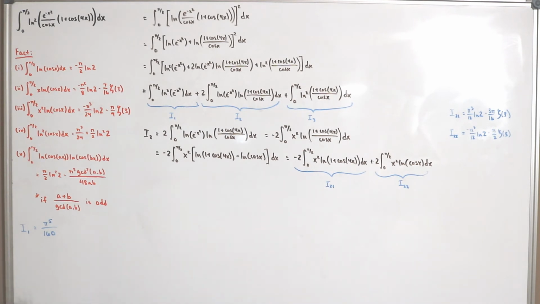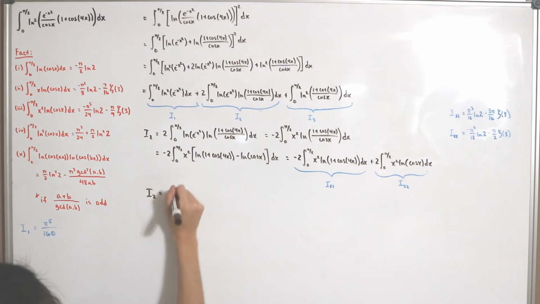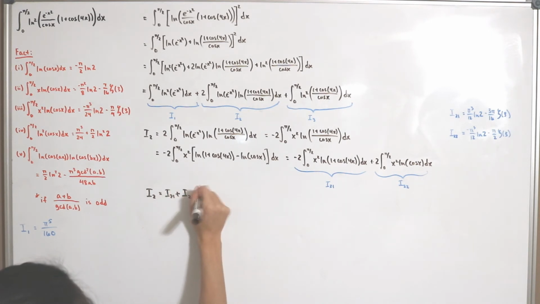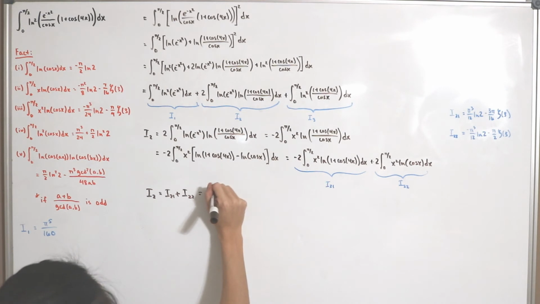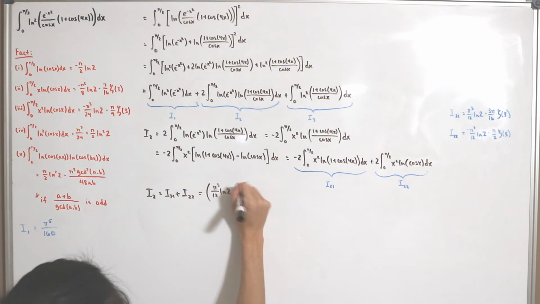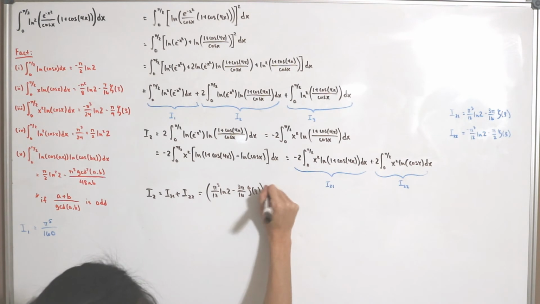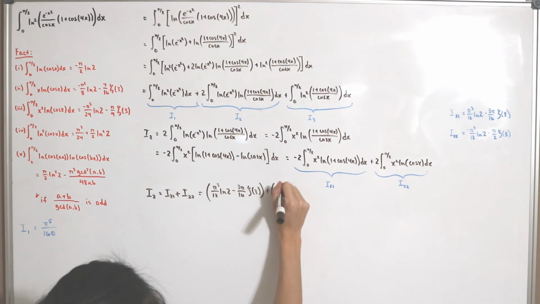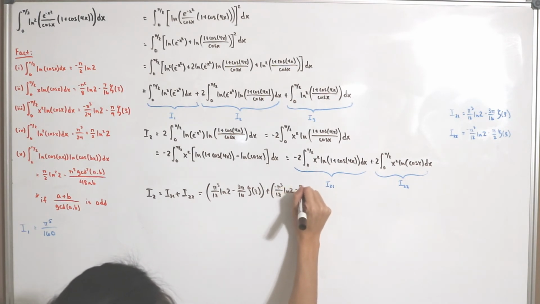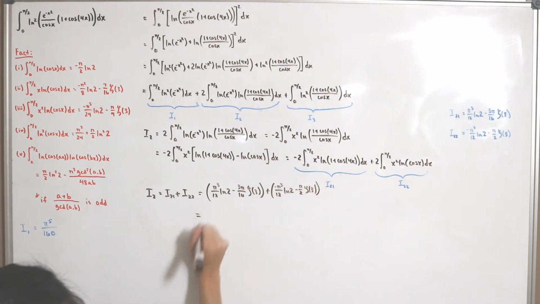So to reiterate, I sub 2 is equal to I sub 2,1 plus I sub 2,2, which is equal to pi cubed divided by 12 ln of 2 minus 3 pi divided by 16 of the a priori constant, then plus negative pi cubed divided by 12 ln of 2 minus pi over 2 the a priori constant. Okay, then simplify this out.